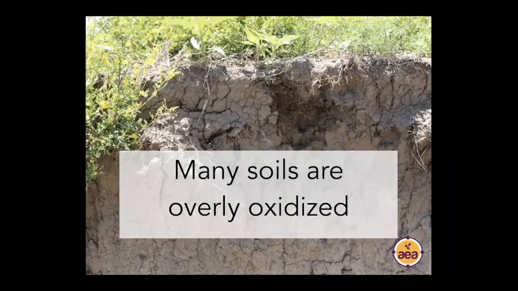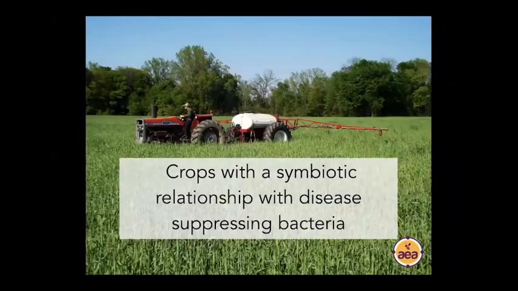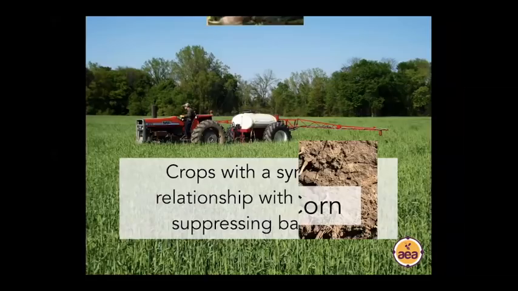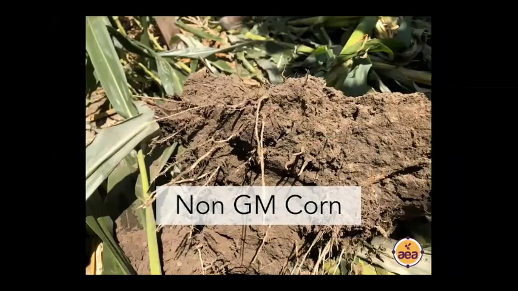So what are some of those crops? Crops that have a symbiotic relationship with disease suppressive bacteria. There's a small handful that we know of that are exceptionally noteworthy. And then there are many more that we still have limited information about and that we're still trying to learn more about. So the first crop that has a very strong reducing effect is non-GMO corn. Specifically, I'm making specific reference to the non-GMO characteristic.